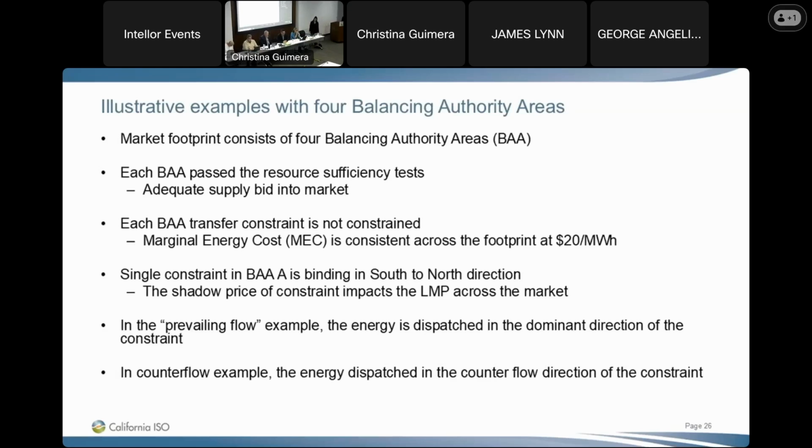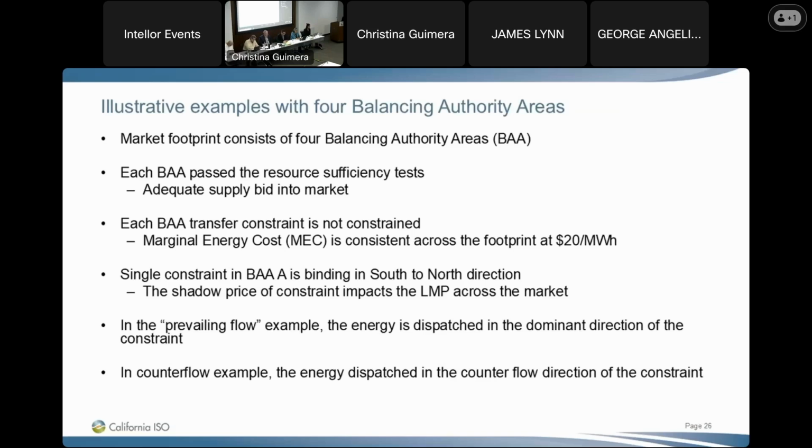We do have a single constraint in BAA that's binding, from a south to north direction. The shadow price in that constraint has impacts all the way across the footprint. In the prevailing flow, the energy dispatch from generation to meet the overall demand is flowing south to north, so it's going in the prevailing direction.